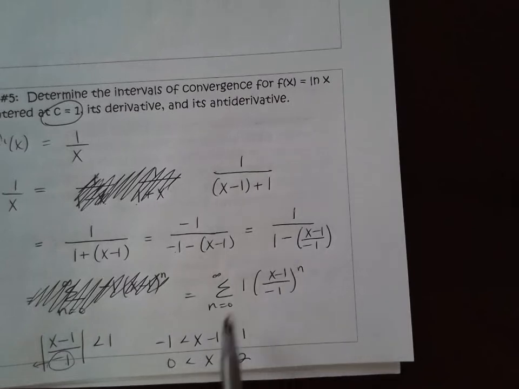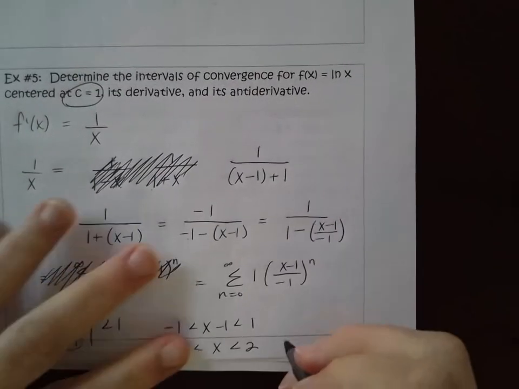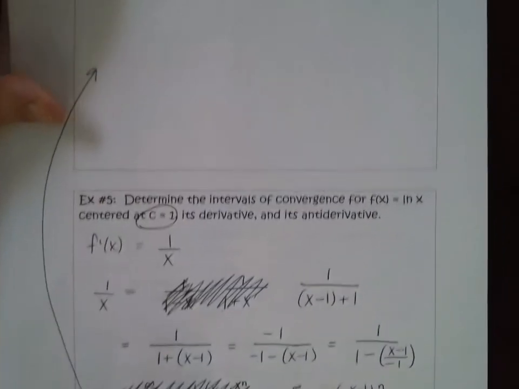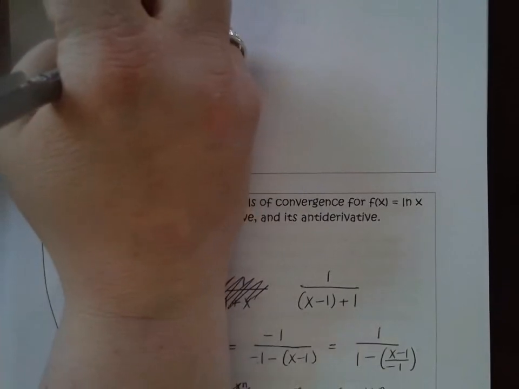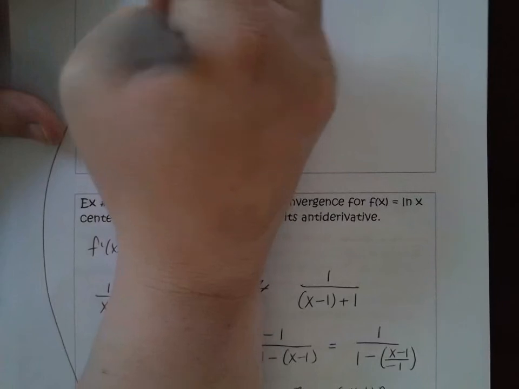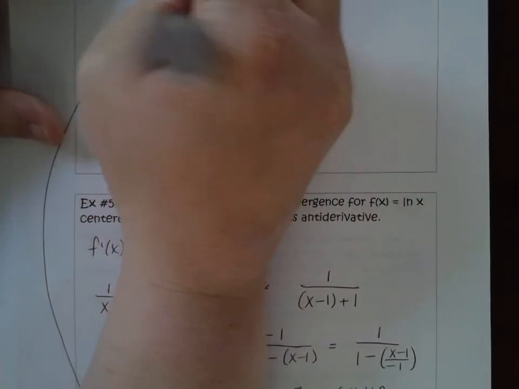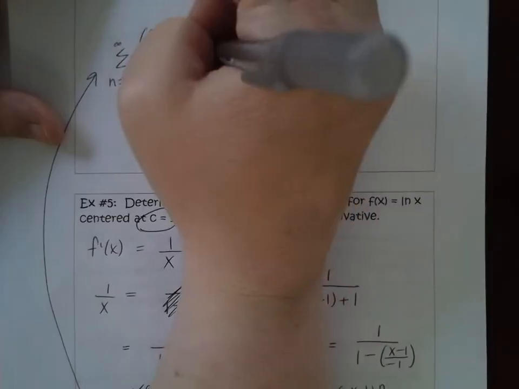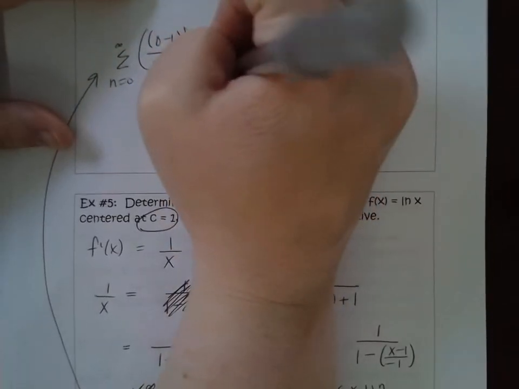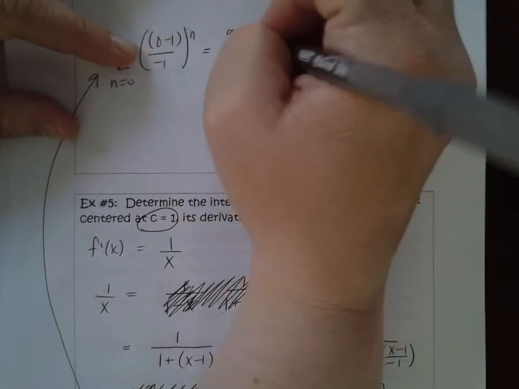My 0 plugged into this original function. I'm going to actually utilize the room that I have up at the top here. If I plug in 0, where I had x, I end up with negative 1 over negative 1, which is 1 to the n.